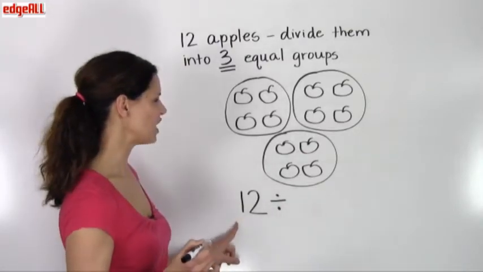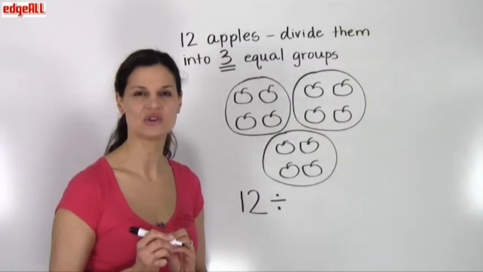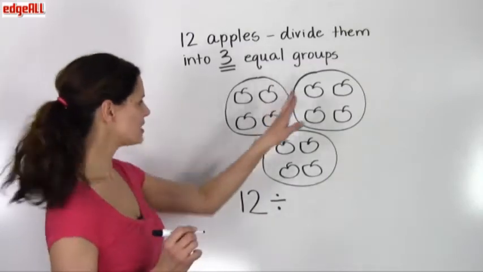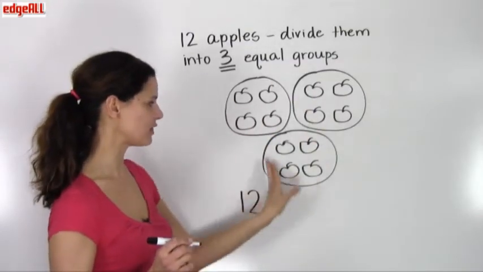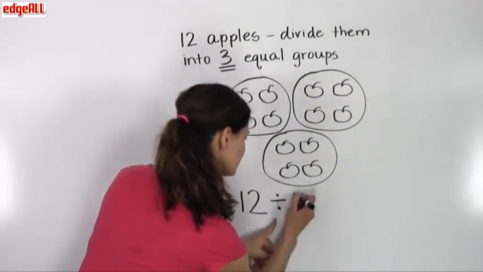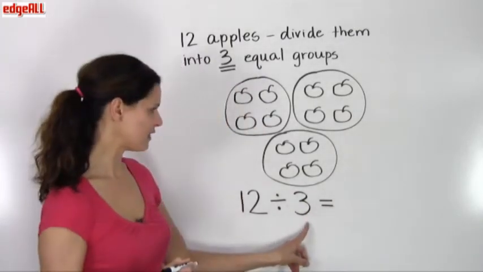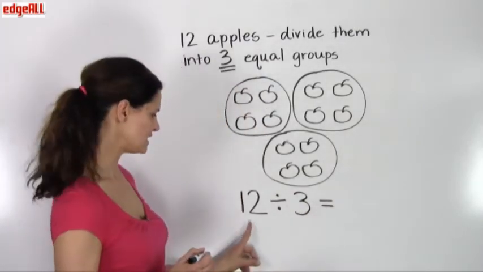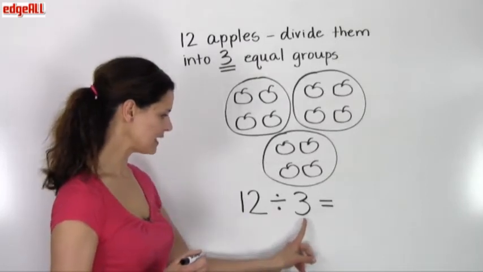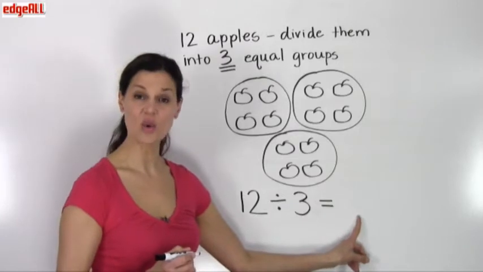And remember that our divisor is how many smaller equal-sized groups we want to make. So in this case we made 3 groups. So this time I want to write 12 divided by 3 equals, and remember that the 3 is called our divisor. So we've got our dividend divided by divisor, and then equals is going to be our quotient.